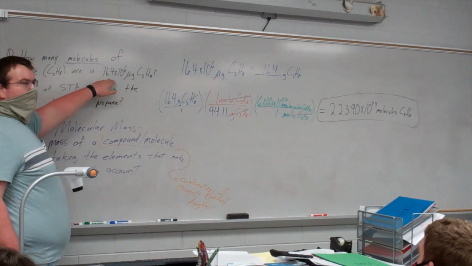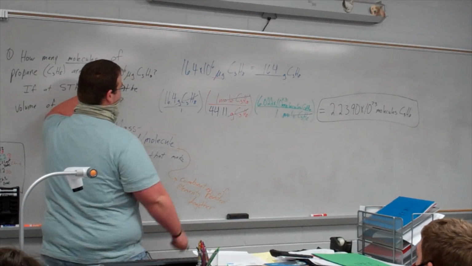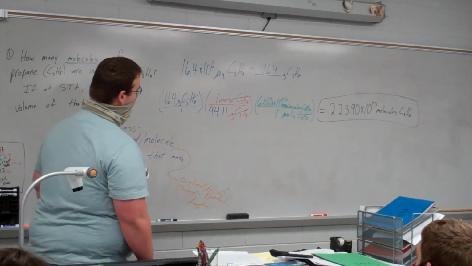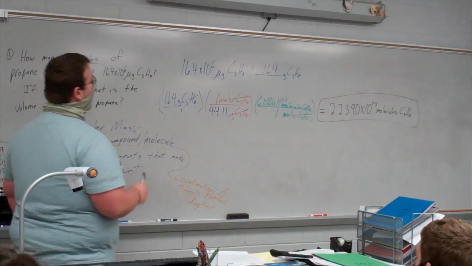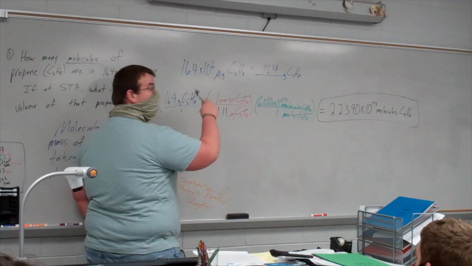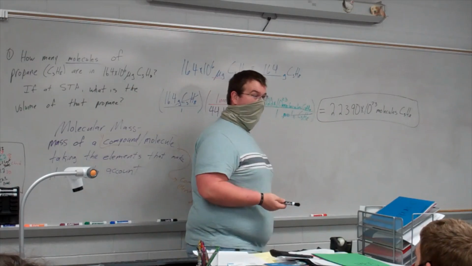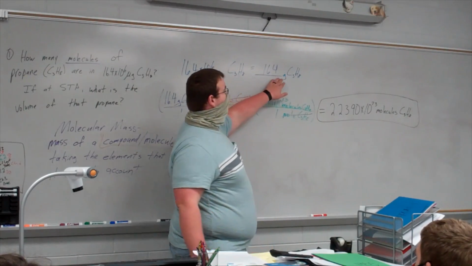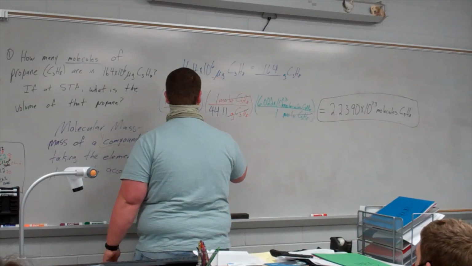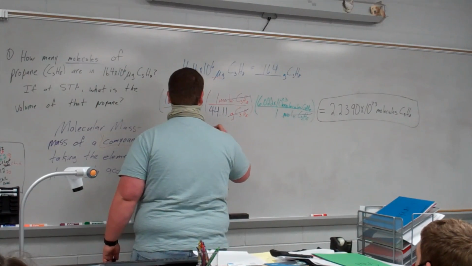We're starting with this number that was given, 16.4 times 10 to the 6 micrograms of propane. You have to convert that from micrograms to grams because there's a conversion factor, right? So we get 16.4 grams of propane. So then we're going to start with 16.4 grams of propane.